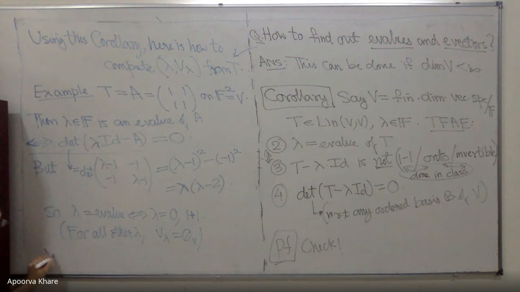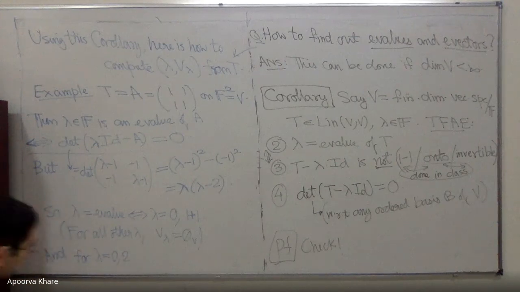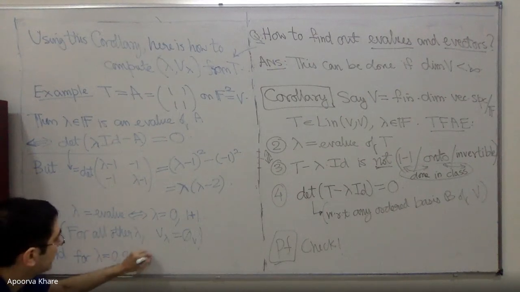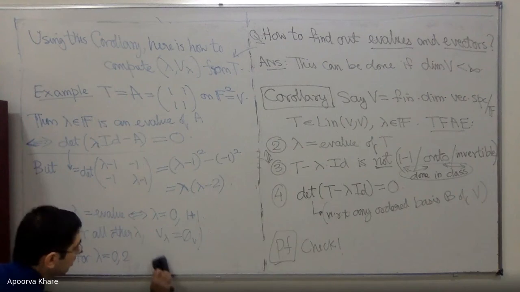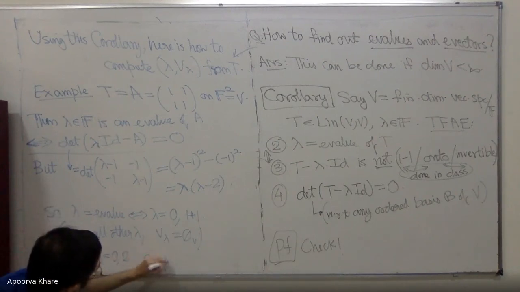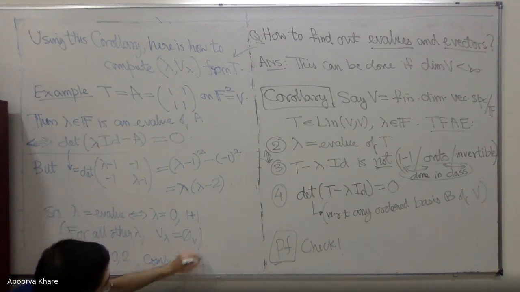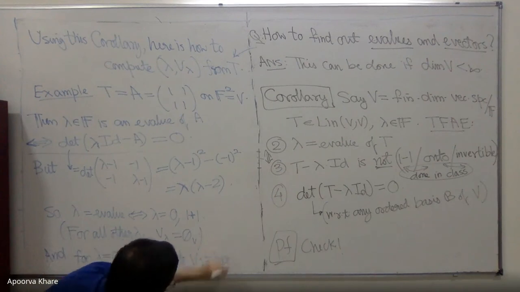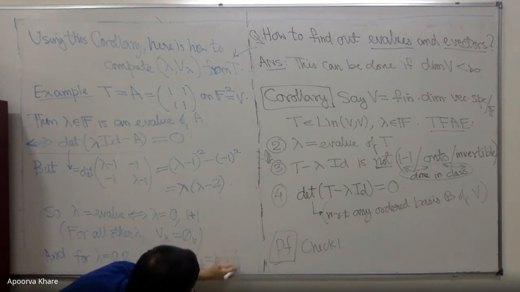And for lambda equals 0, 2, I'll just write 2. Let's assume the characteristic is not 0, whatever. Compute V lambda, which is the kernel of, again, you can say A minus lambda identity or lambda identity minus A, it doesn't matter.